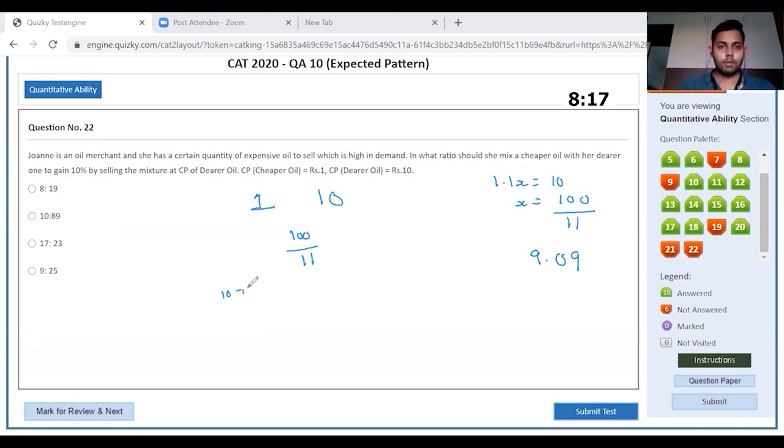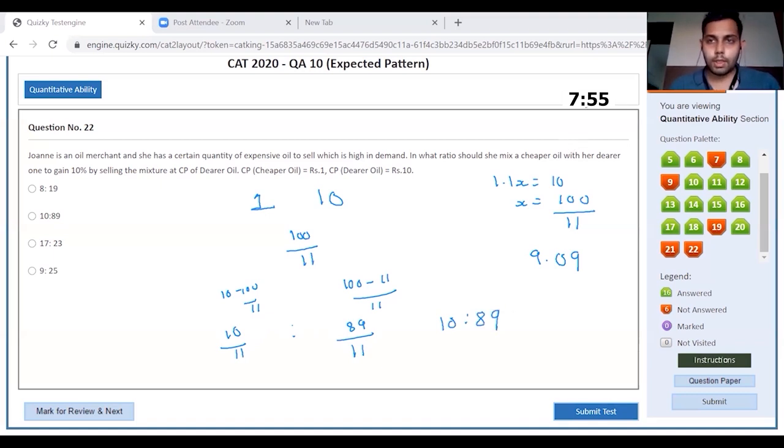So 10 minus 100 by 11, which is 10 by 11, right? And it'll be 110 minus 100 by 11, sorry, 89 by 11. So 10 is to 89 should be the ratio in which we need to sell.